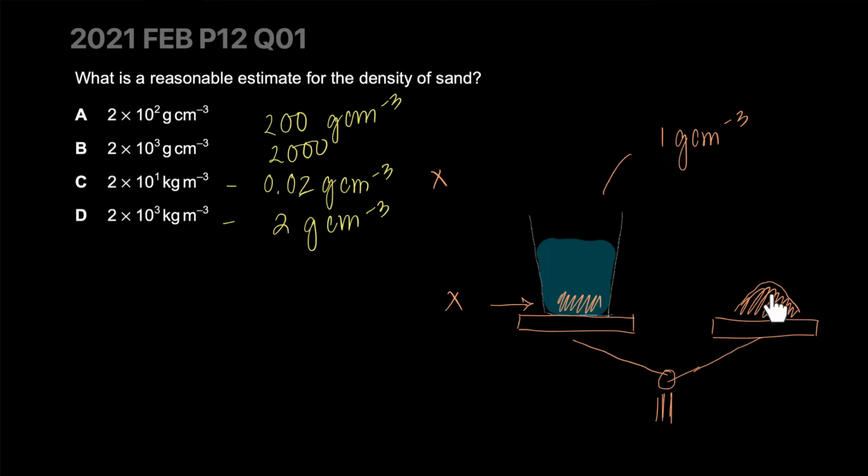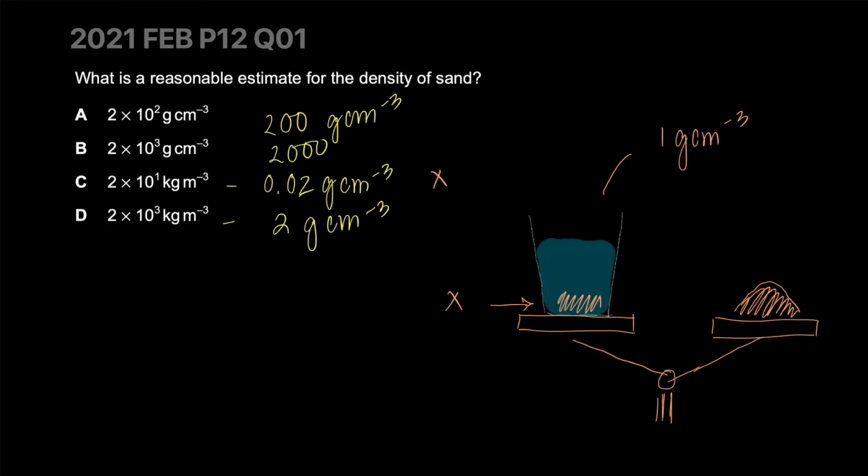So that tells me the glass of water will be very close to it. It's not 10 times heavier, it's not 1,000 times heavier. So it's in the same order, right?